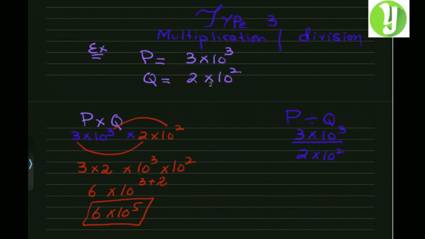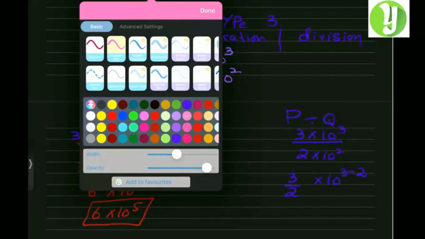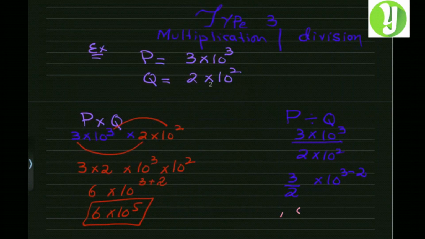In division we can subtract the powers. So 3 divided by 2, and we subtract the powers, 3 minus 2. So 3 by 2 is 1.5, and that times 10 to the power of 1, and that's our answer. So in division we divide the number by number, base of 10 by base of 10. In multiplication we multiply number by number and the base of 10 by base of 10.